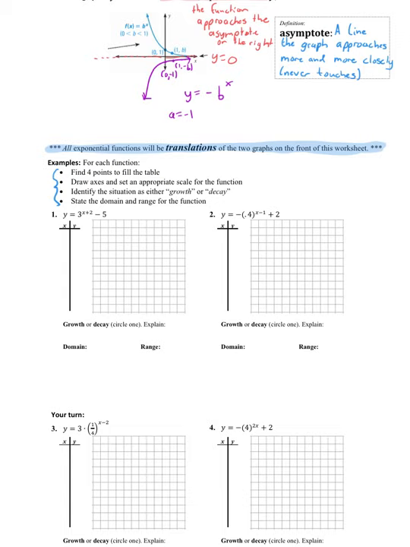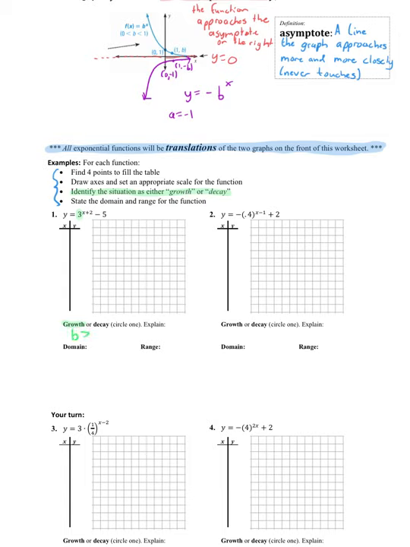So first thing I want to do with any one of these functions is take a look at the b value. I'm going to start with this one right here. Identify growth or decay. So for example, number 1, the b value is a positive 3. Is that number between 0 and 1, or is that bigger than 1? That's what we want to ask. Well, this one's bigger than 1, so that's growth.